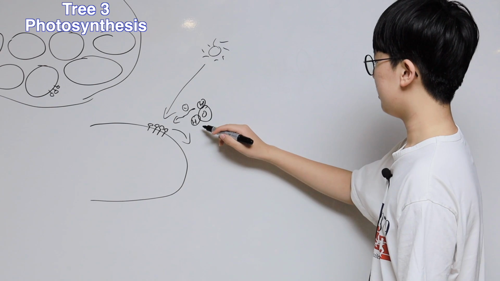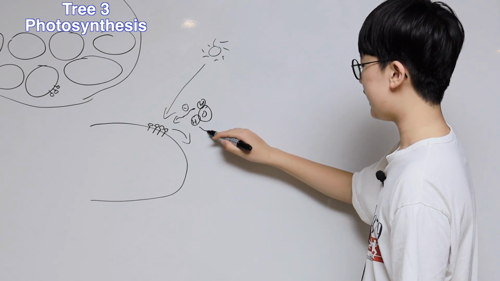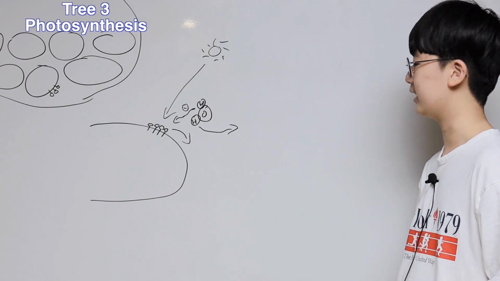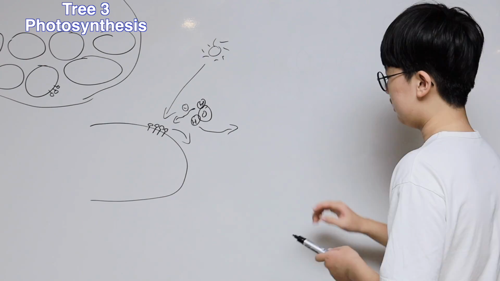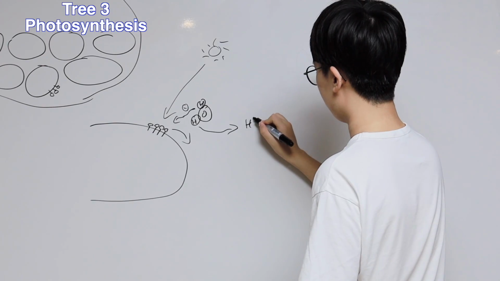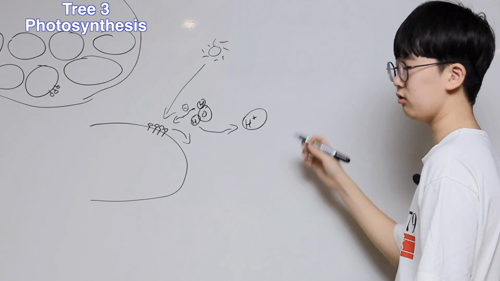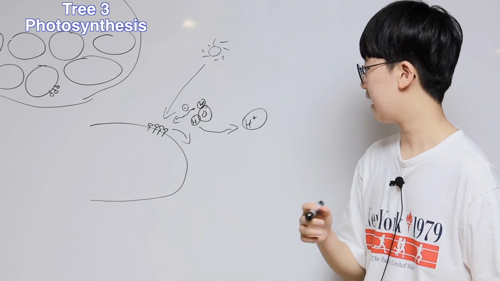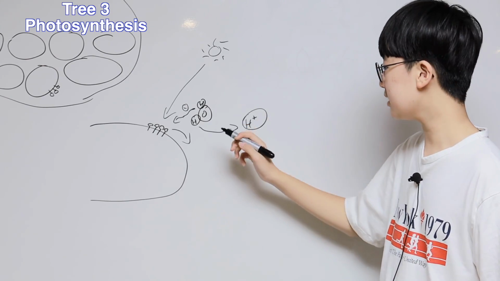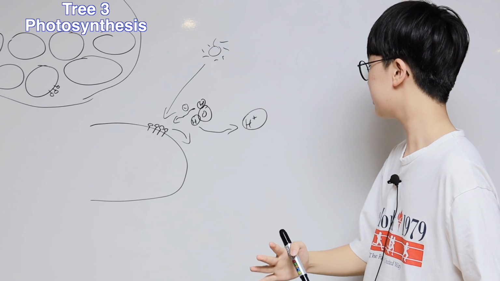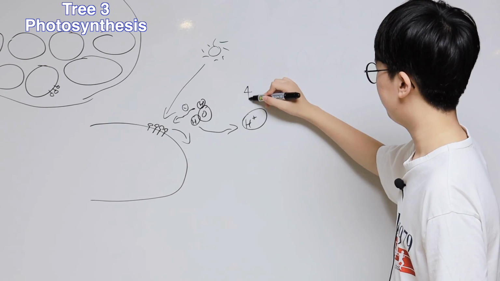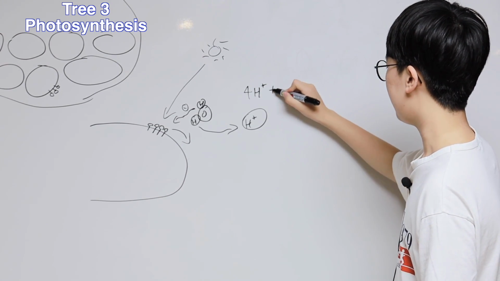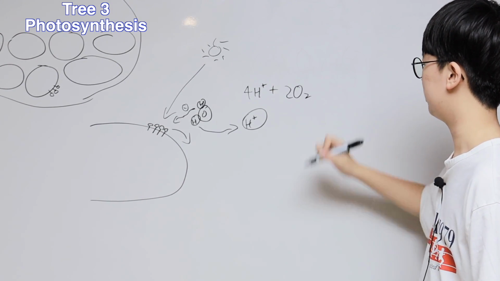And while doing that, one hydrogen atom also gets released from that water molecule, so that will make one proton leaving the water. If this repeats 4 times, that will produce 4 protons and 2 oxygen molecules.